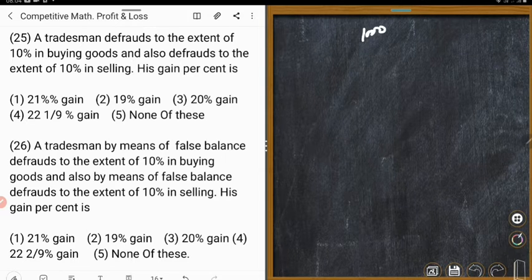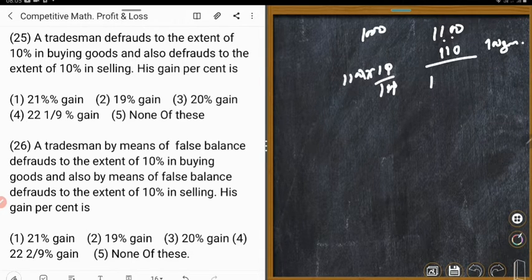Instead of 1000 he brings 1100. Here he gets 100 gram. Right? Again he makes profit. It's 10% profit. 10% of 1100 is 110. Here 110. Total how many? 1210. Could you understand?